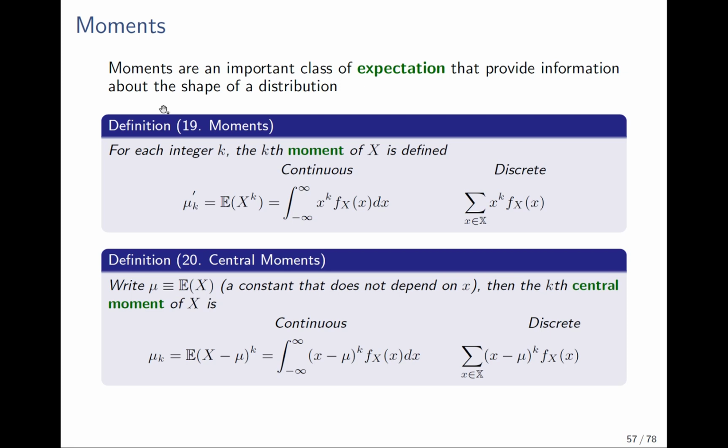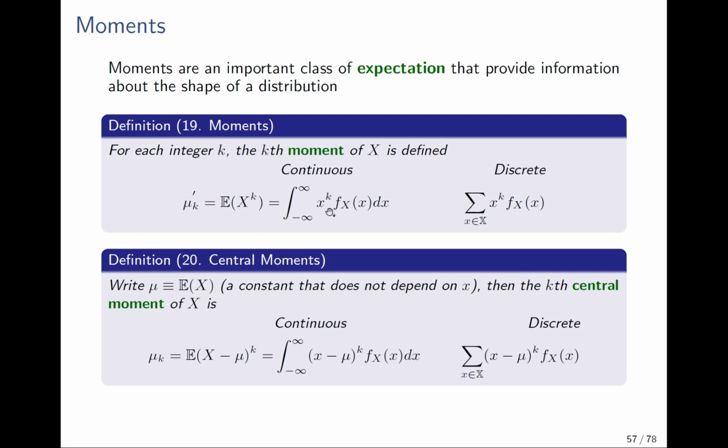We'll go through some definitions here and just briefly summarize, and then look at what moments actually are with respect to a specific distribution. So, definition of moment. For each integer k, the kth moment of x is defined as the expectation of x to the power of k. The notation that we use for moments is mu prime.